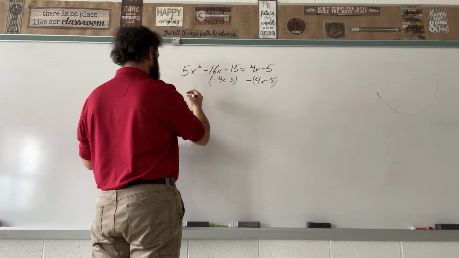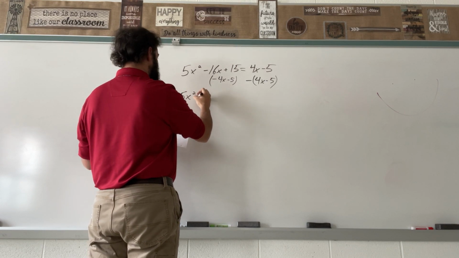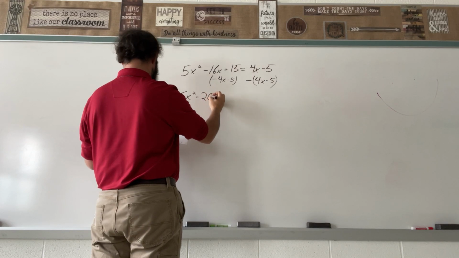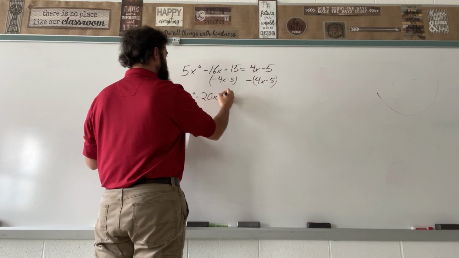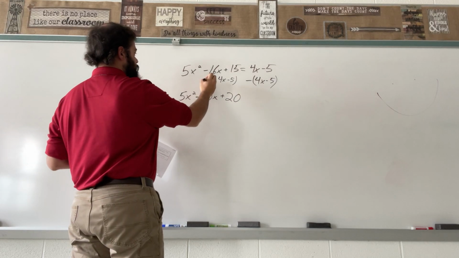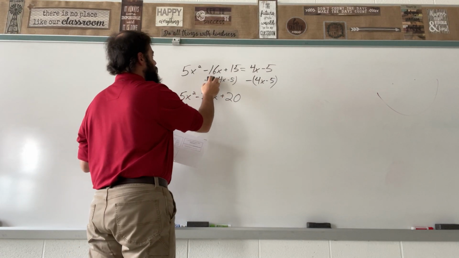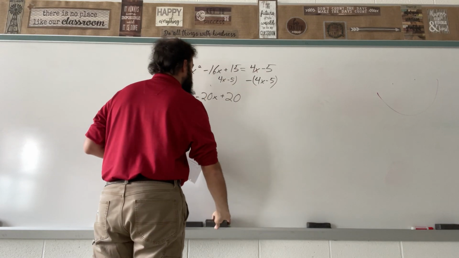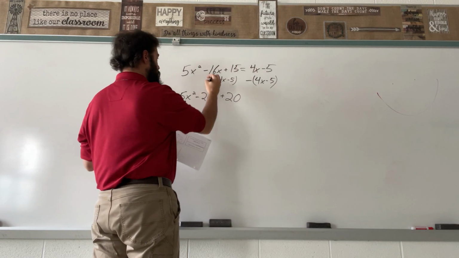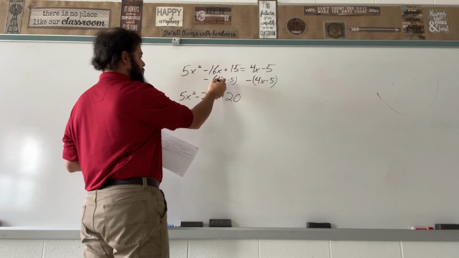When you combine like terms, you'll get 5x squared minus 20x plus 20. Right? Because when you subtract that 4x minus 5, this 4 becomes a negative.